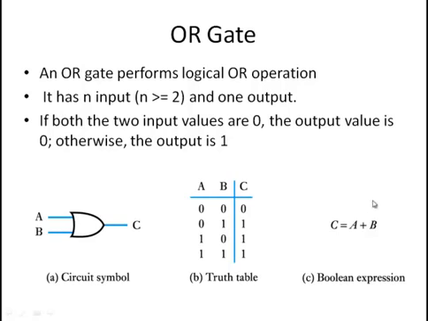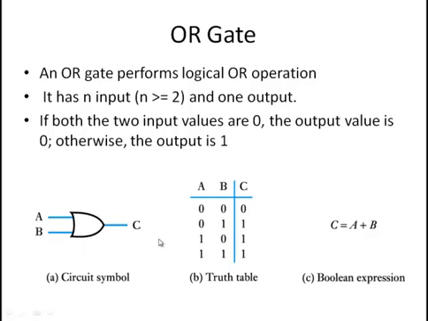This is the Boolean expression: output will be equivalent to A plus B. Like the AND gate, the OR gate can have n inputs, where n is greater than or equal to 2, and one output. This is the symbol of the OR gate. These are the two inputs that we have considered, n is equal to 2 here.